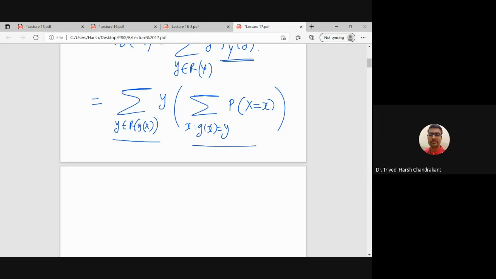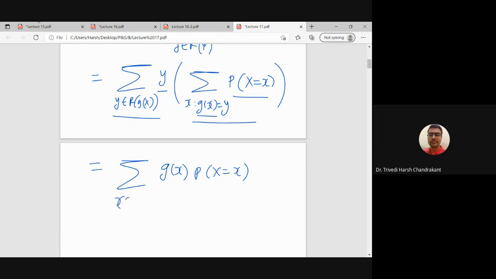So that means the summation over all such x is essentially the domain of x. So we substitute y equals g of x, so that will give us the summation of g of x times the probability of X at x, and the summation is over all the possible values in the range of x.